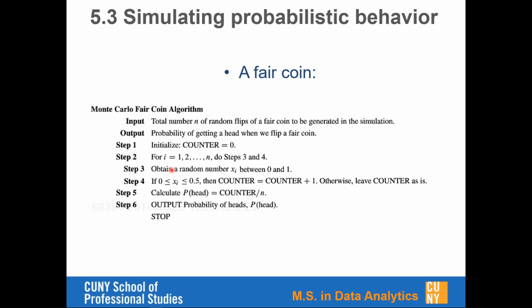You obtain a random number. If it's between 0 and 0.5, you increment that counter. Otherwise, you don't. And at the end, the probability of a head would be the counter divided by the total number of points you generated, which is essentially the total number of flips, or total number of tests.